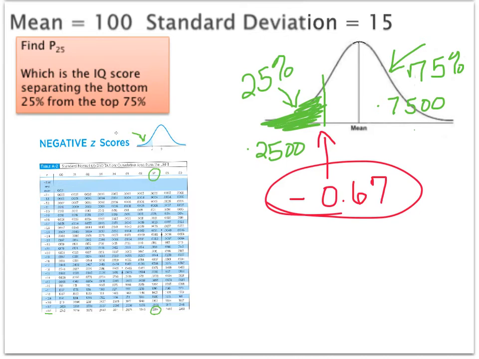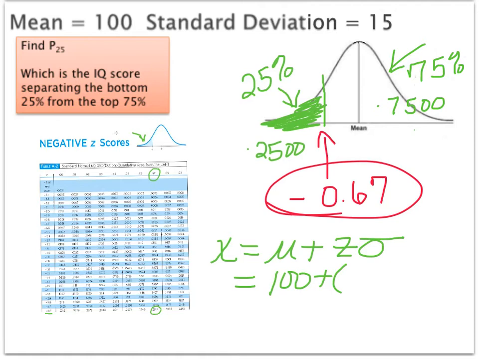Well, I need to plug that into my formula to find the x that goes with it, which is the mean plus z times my standard deviation. And I just need to do a little algebra there and plug in 100 plus my z times my standard deviation.